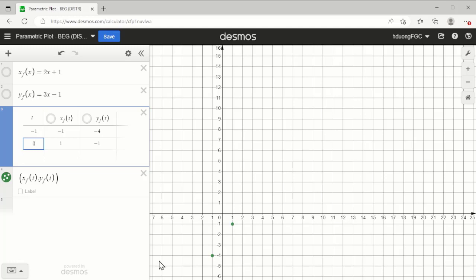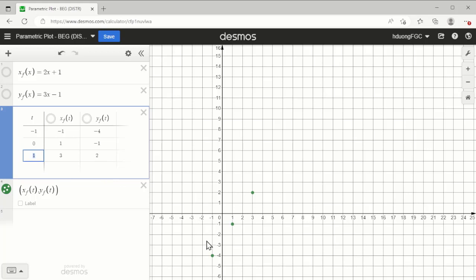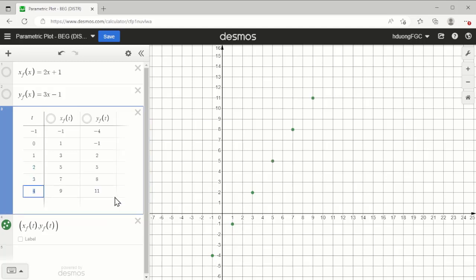And when t equals 1, we have that. So if we sketch a graph following this order, it starts here at that point, and we sketch through that point, and then through that point. And there's a direction to the sketch of the graph right there.